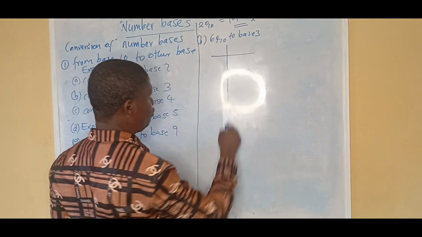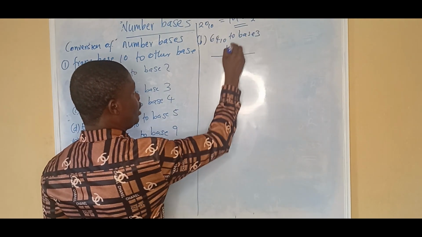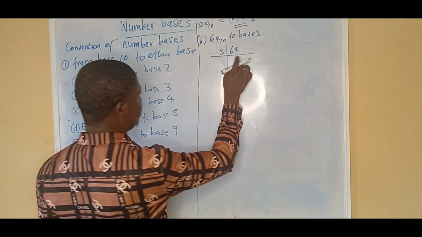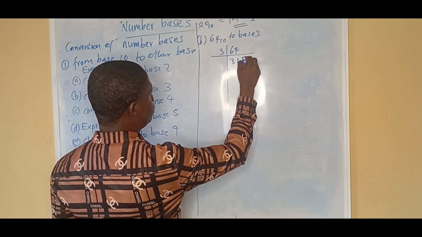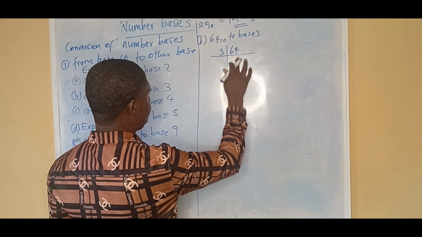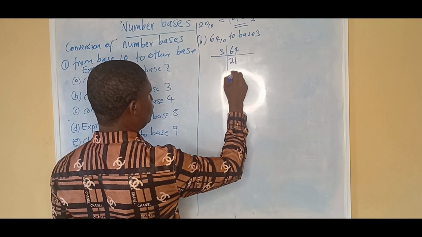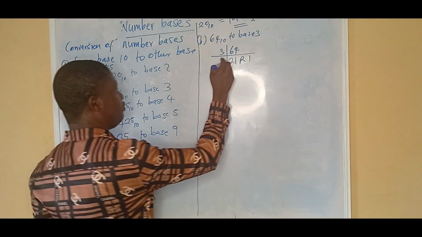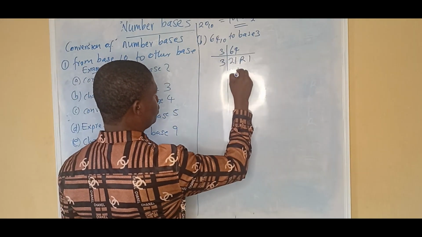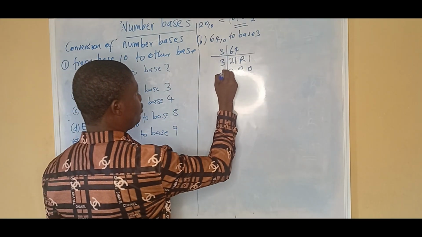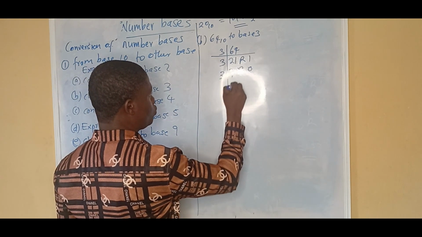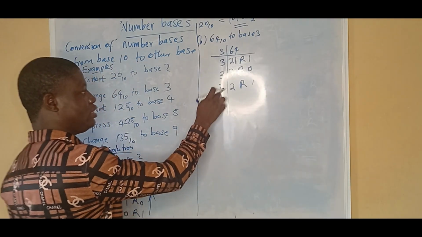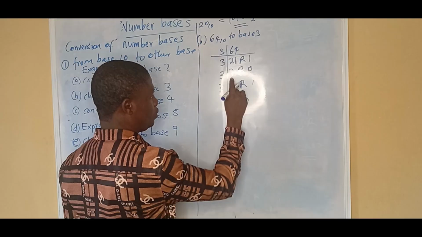So here we divide 64 all through by 3. 64 divided by 3 will give us 21, remainder 1. 21 divided by 3 will give us 7, remainder 0. 7 divided by 3 will give us 2, remainder 1. 2 divided by 3, the number we're dividing is less than the base, so we say 0, remainder that number, remainder 2.